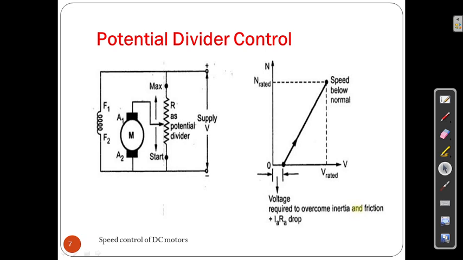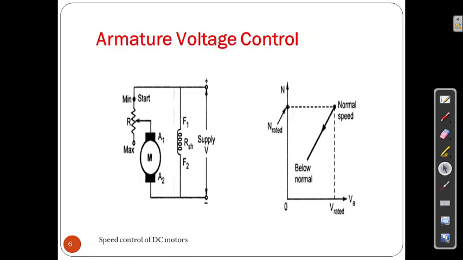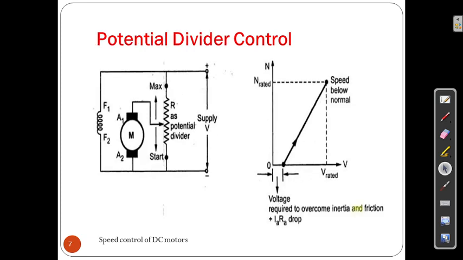Then this is the potential divider control. Here the motor is connected with a potential divider, whereas in the previous one it was connected with a resistance.